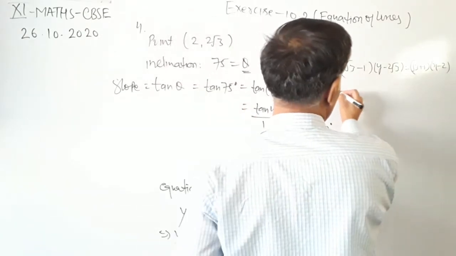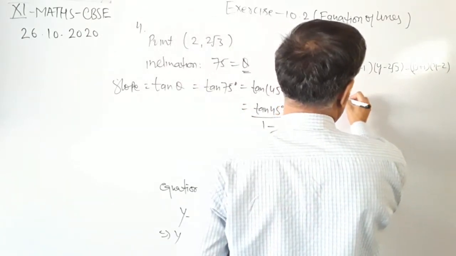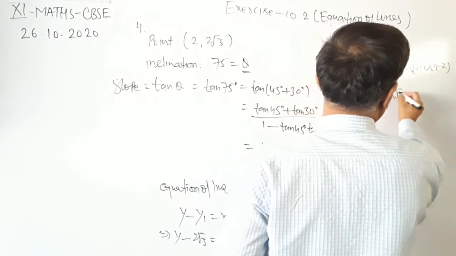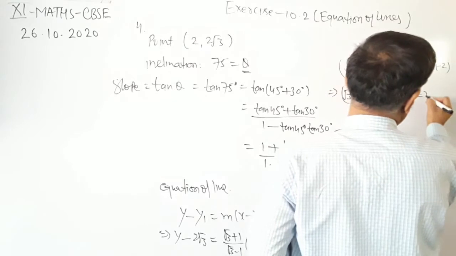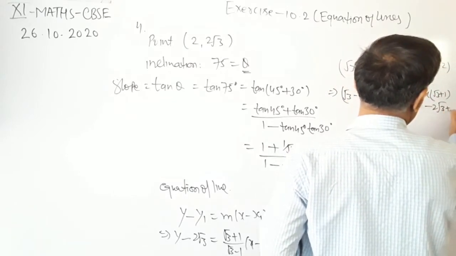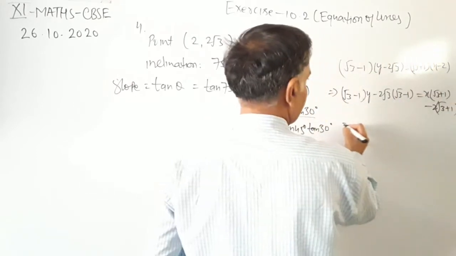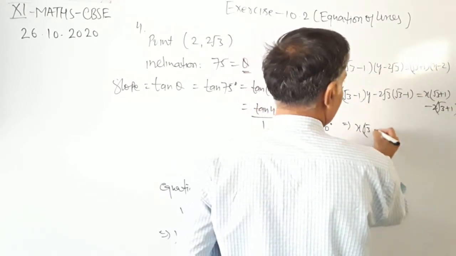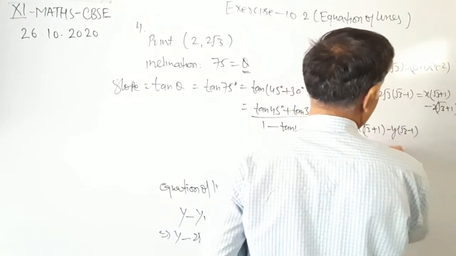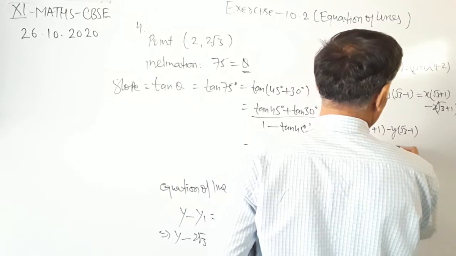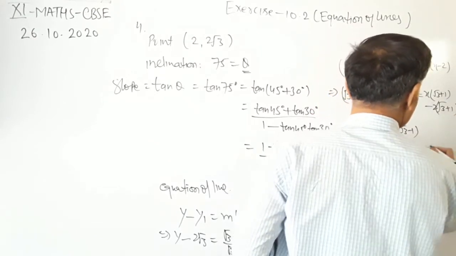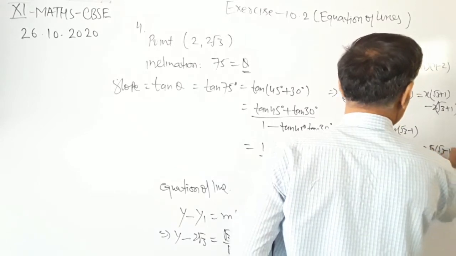So solving this, we will get x into under root 3 plus 1 minus y into under root 3 minus 1 is equals to 2 under root 3 plus 1 minus 2 under root 3 into under root 3 minus 1.